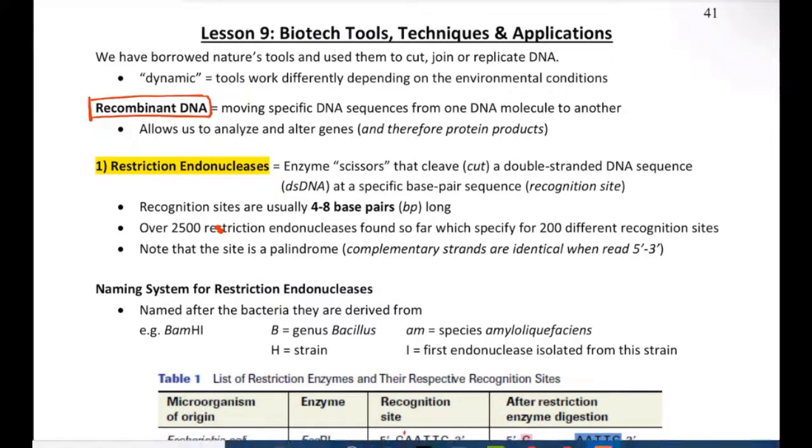So recombinant DNA is a very important technology. There are a whole bunch of different pieces to the technology that we use to make recombinant DNA. But the fancy idea is just to say, this DNA sequence from this particular organism, let's steal it and stick it into somebody else's DNA sequence. And then whatever is written on that code, the new organism will make the same thing.